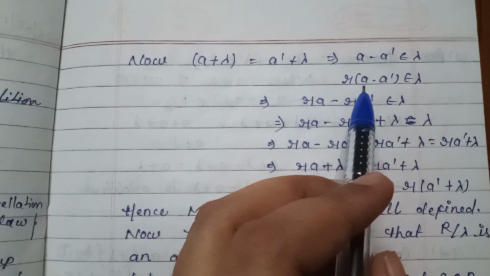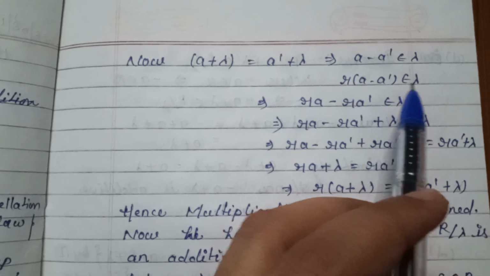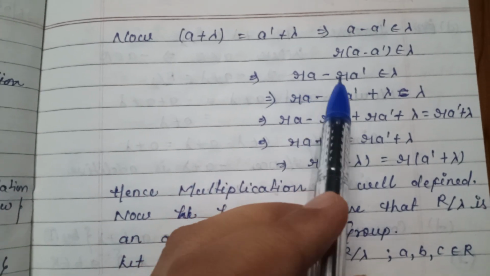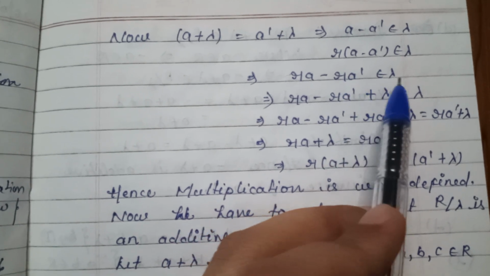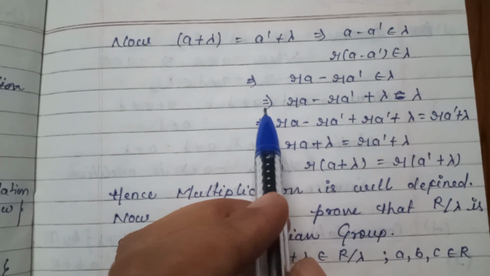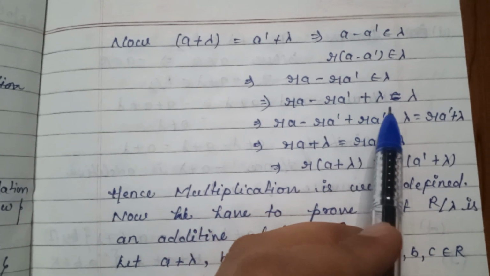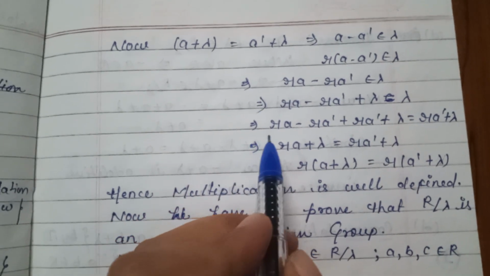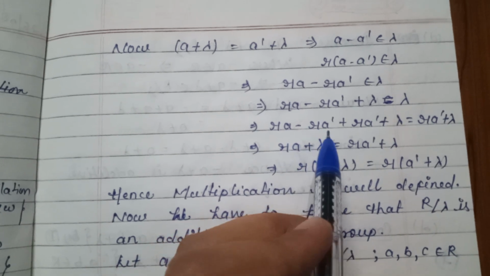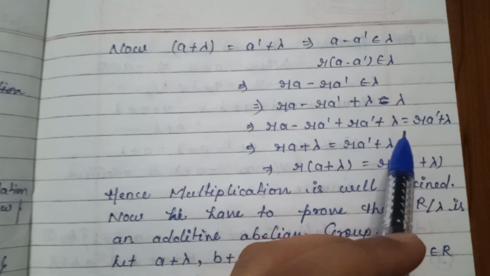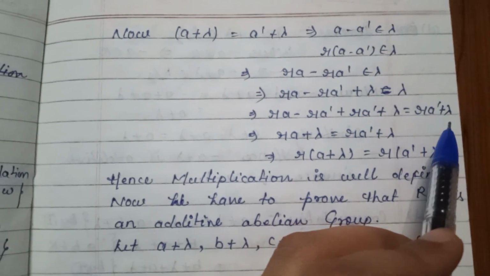So r(a − a') belongs to lambda, which implies that ra − ra' belongs to lambda, which implies that (ra − ra') + lambda is equal to lambda, which implies that (ra − ra') + ra' + lambda is equal to ra' + lambda.